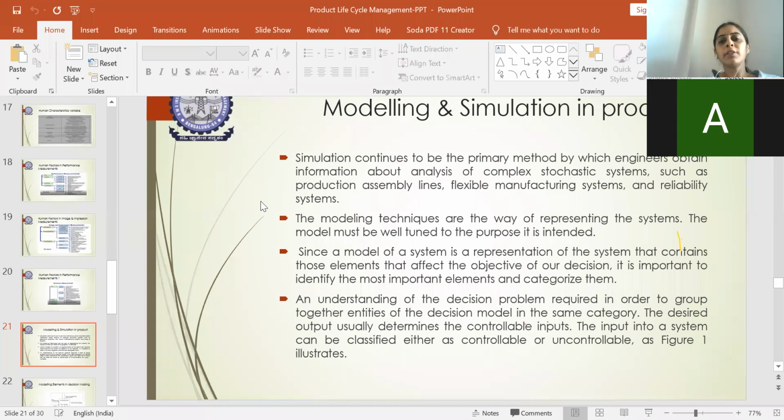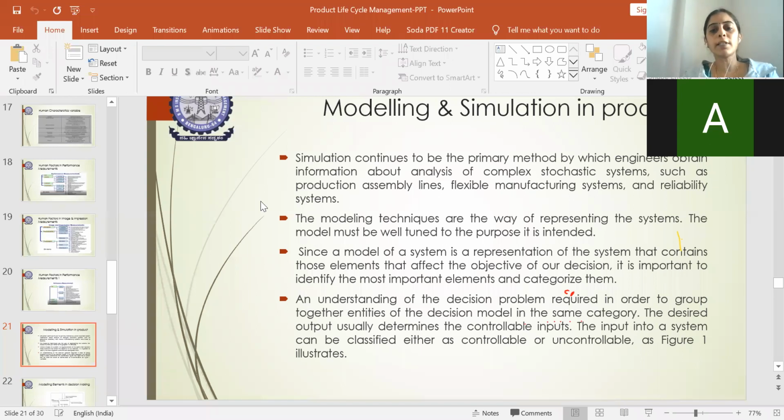It is very much needed before you manufacture the product on a larger scale, because you have to first check whether the design you have made is suitable for manufacturing, is economical and feasible, and can work properly as per the requirements of the customers, because you cannot waste the material, time and cost related to manufacturing before you do a trial. So for trial basis it is essential that you go with modeling and simulation of a product.